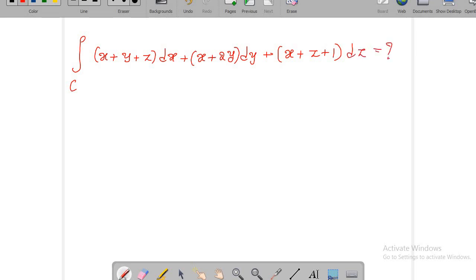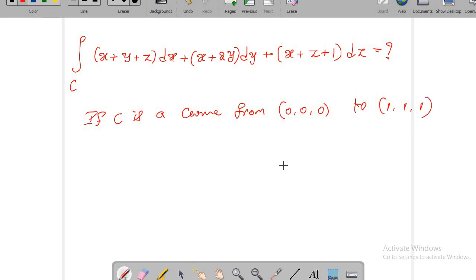What is the value of this integral if C is a curve from 0, 0, 0 to 1, 1, 1? I need the value of this integral. C can be any curve from the origin to 1, 1, 1.